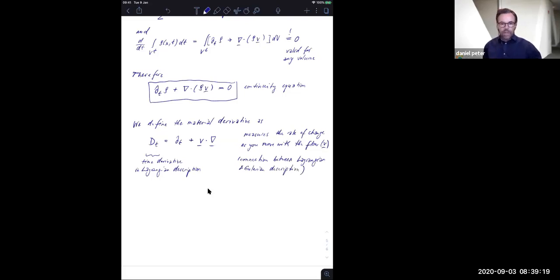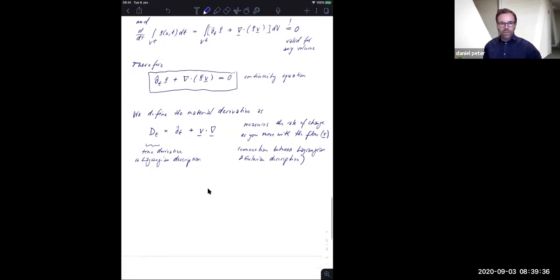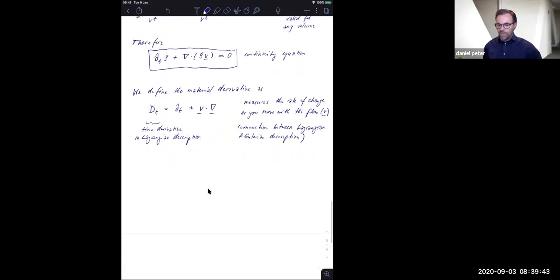Personally, I find Lagrangian always confusing. Most of the time, I try to understand it from a Eulerian description when we write these equations. The one on top, for me, is more intuitive than when we start writing it with a material derivative. But you see, with this material derivative, it becomes a very simple expression.